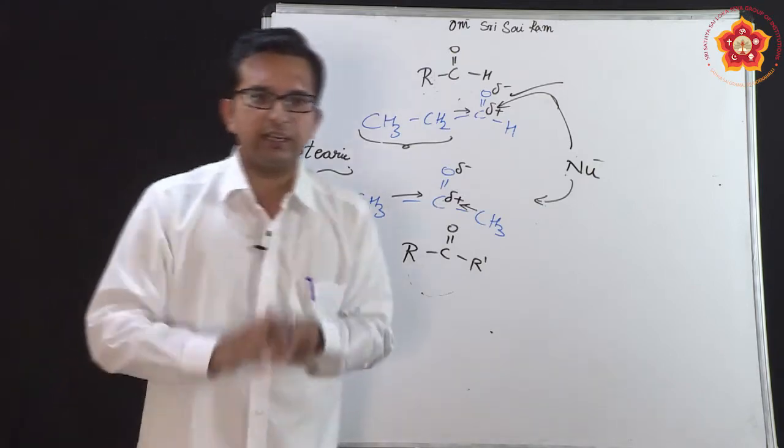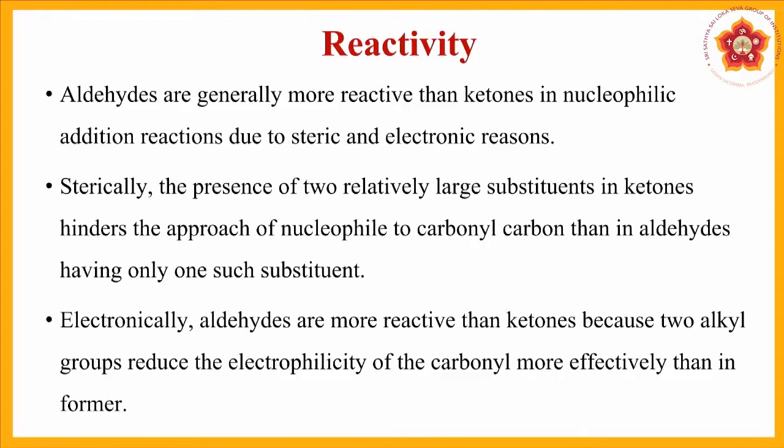Let us see the explanatory part here. Sterically, the presence of two relatively large substituents, what do we mean by that? It means larger groups are present in those cases, and those large groups in ketones will hinder the approach of a nucleophile.